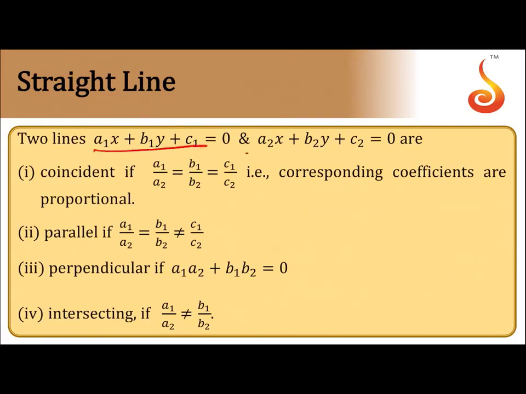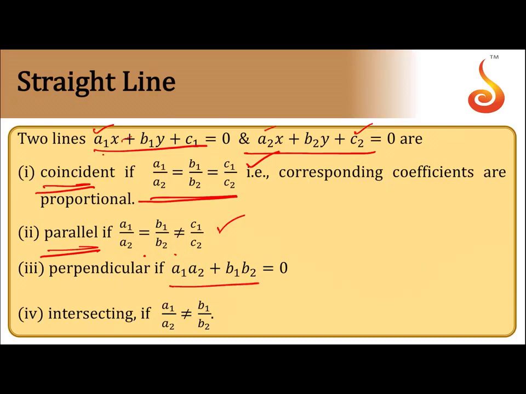Coming to the next concepts now. When the two lines are coincident, the corresponding coefficients of x, y and the constants are in proportion: a1 by a2 equals b1 by b2 is equal to c1 by c2. When the two lines are parallel, then a1 by a2 equals b1 by b2 but not equal to c1 by c2.